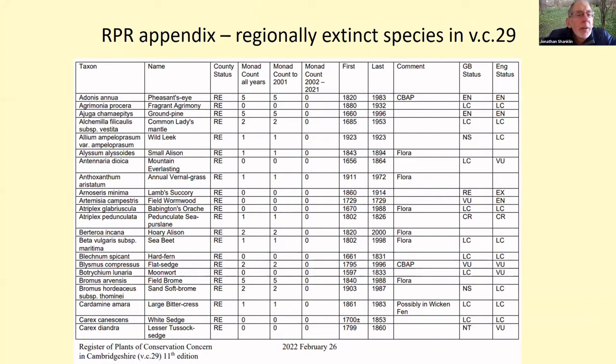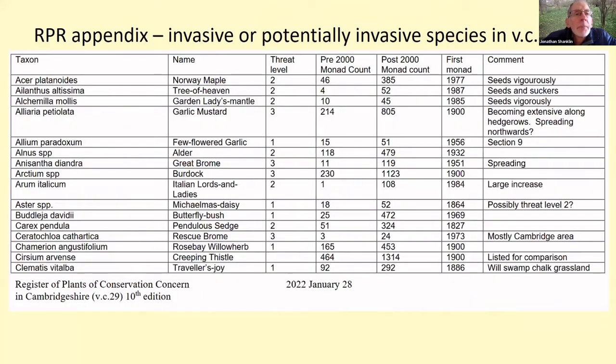So this is where my example of the Agrimonia procera comes in, because it was last reported, at least in the county, in 1932. Although we do have the common agrimony in a much larger variety, which shares some of the vegetative characteristics of the fragrant agrimony.